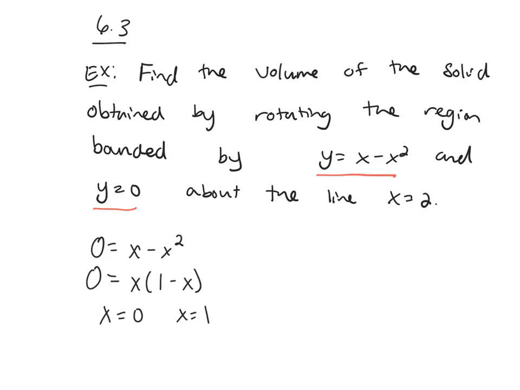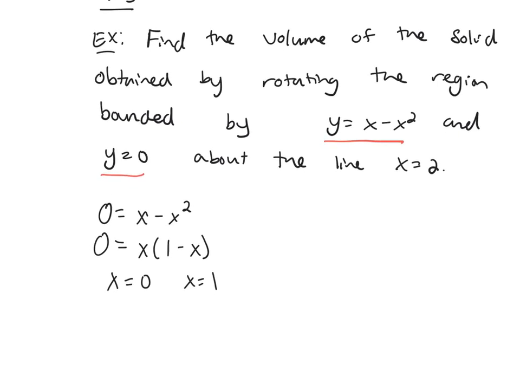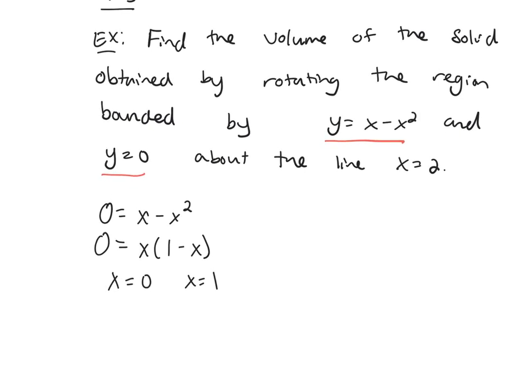You take these x values and plug them into either function to get your points. The easier function is y equals 0. So your two intersection points are (0, 0) and (1, 0). Great, we have our intersection points.